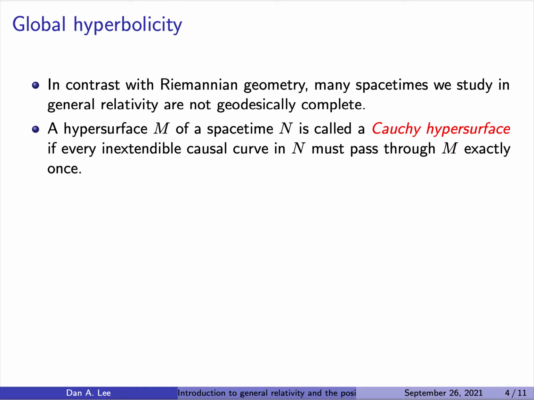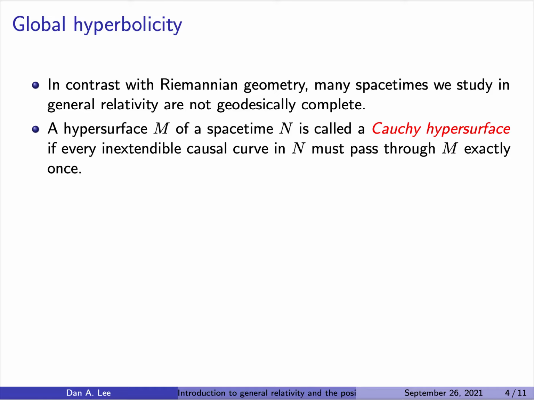Okay, so passing through M at least once means that every point can reach M either by moving forward or backward in time, as I just said. But passing through M at most once has an even more obvious interpretation.